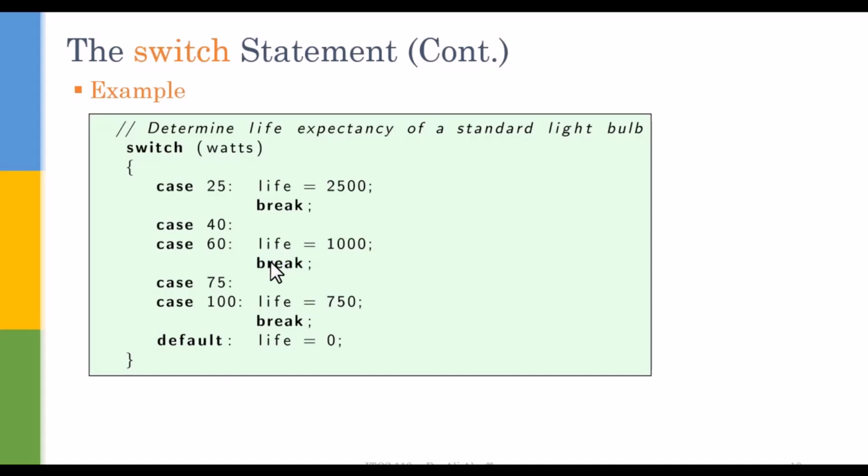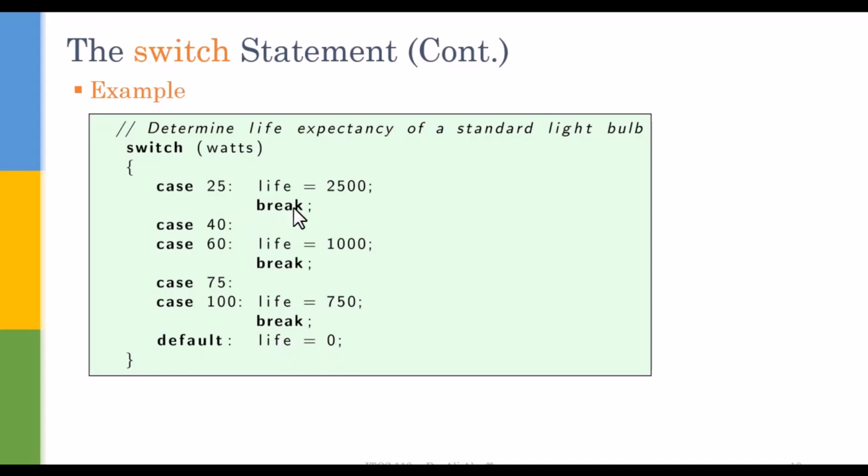And since there is a break, it means go out. So it will go outside the switch and continue the program. What if wattage is 70? Now it will check the first case, it is not 70. Next case, not 70, not 70, not 70, so it will go to default. In default, it will put 0 into life.